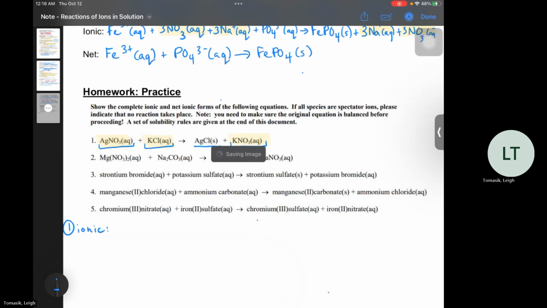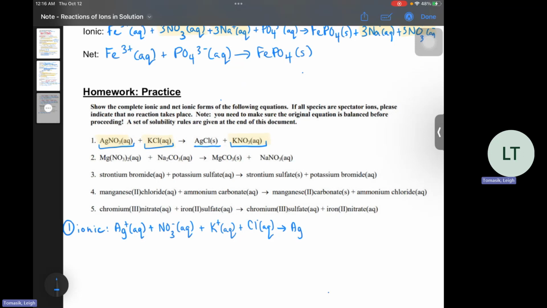So silver has a charge of 1 plus from the periodic table. NO3 has a charge of 1 minus from the reference sheet for polyatomic ions. Plus, K has a charge of 1 plus from the periodic table. Cl has a charge of 1 minus from the periodic table. Arrow.